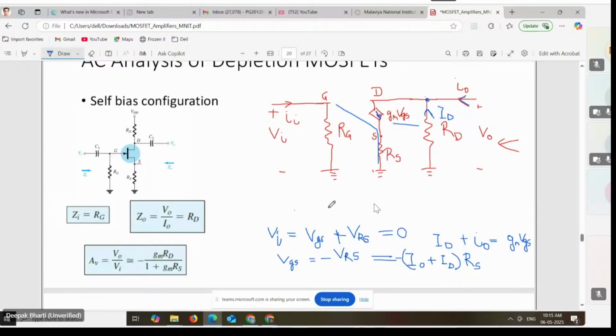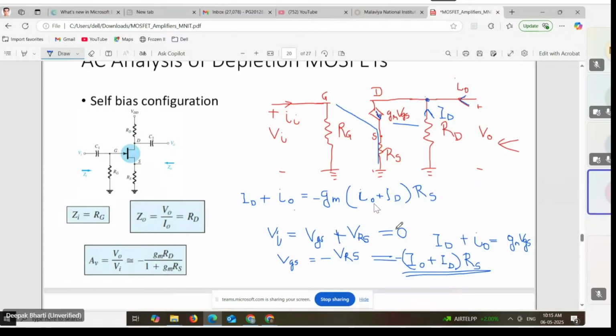ID plus I naught is equal to gm times VGS, and VGS we have to replace with minus I naught plus ID times RS.